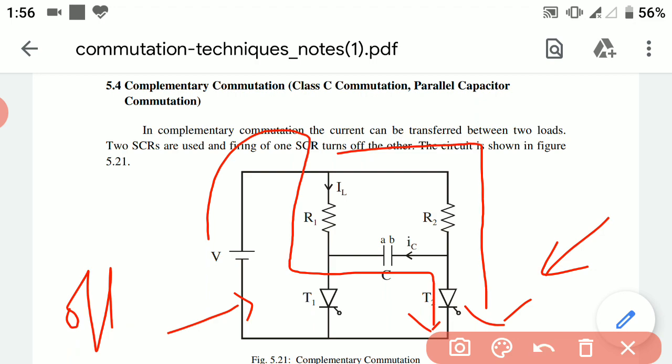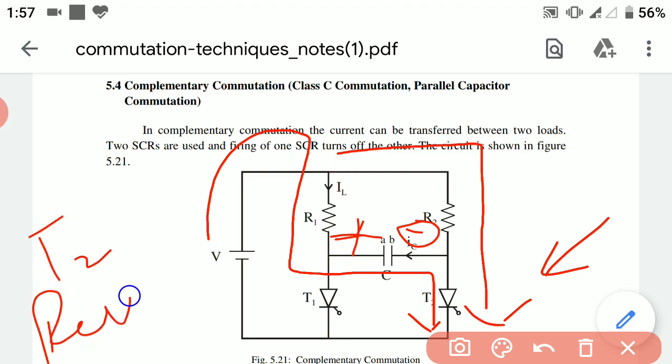Due to this situation, now the polarities across the plates of the capacitor change. That is, now plate A is at positive potential, due to the current flowing from higher potential to lower potential, and plate B will be at negative potential. Now due to the negative potential of plate B, the thyristor T2 will be reverse biased.